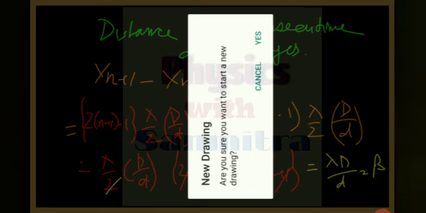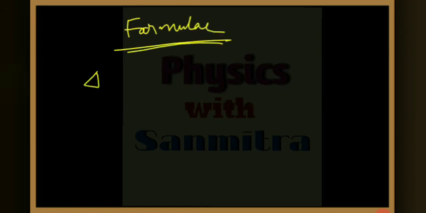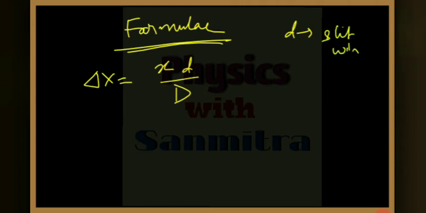So what are the formulae we learnt? The formula for path difference is x into d by D, where d is the slit width, the width between the slits.